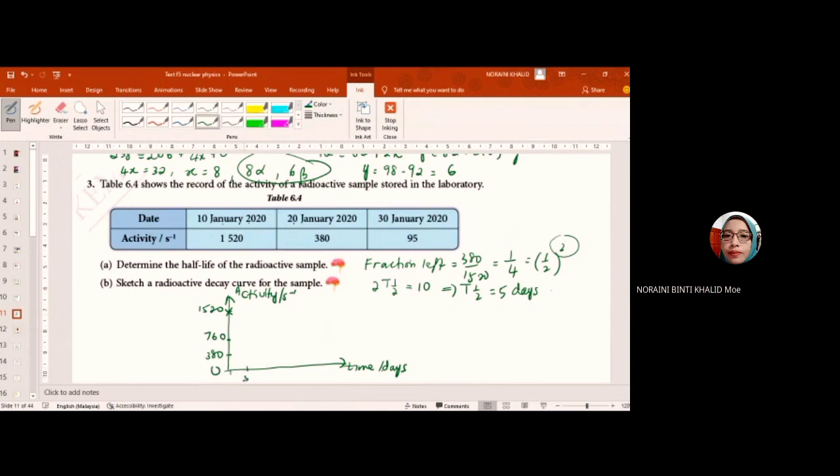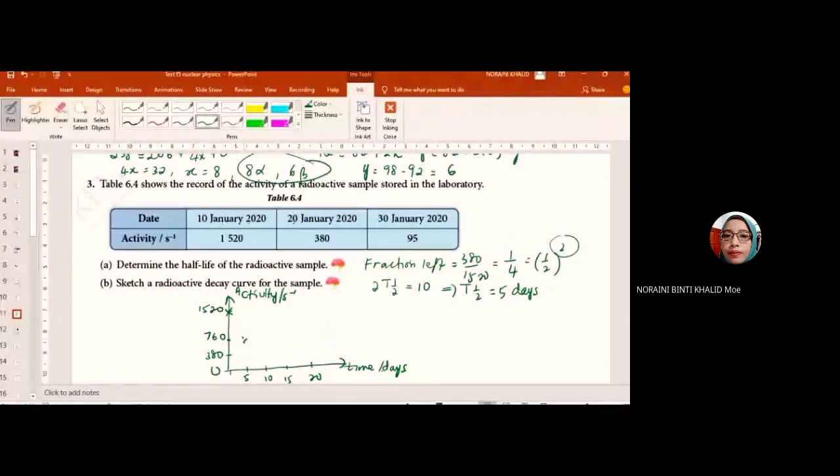Let's say here is 5, 10, 15, 20. One half-life is 5 days. So 1520 becomes half, and the time taken is 5 days. And then 760 becomes half, another half-life, is 380.